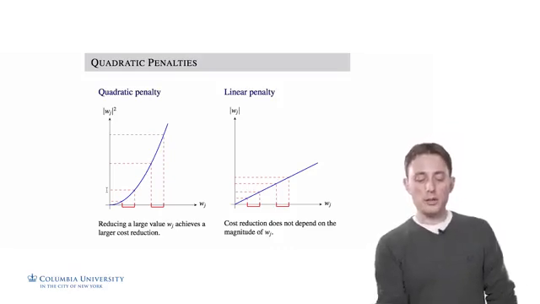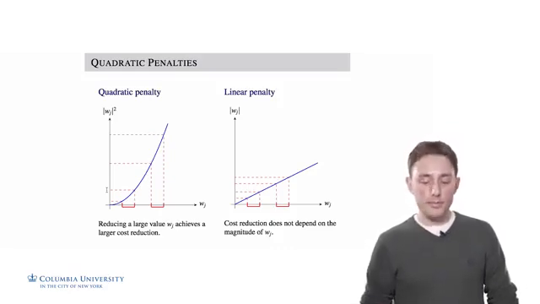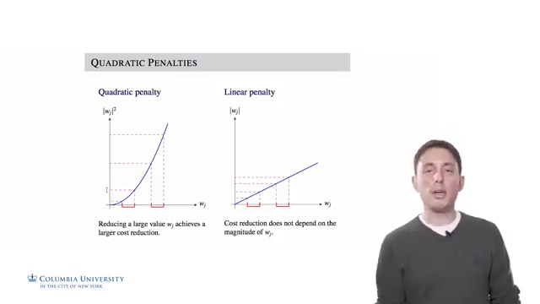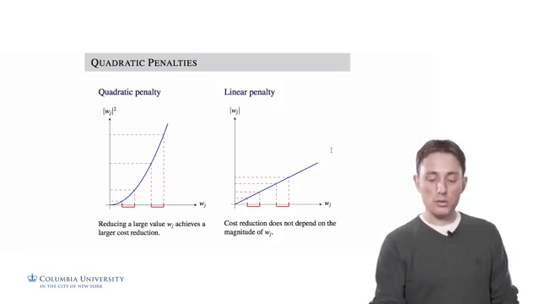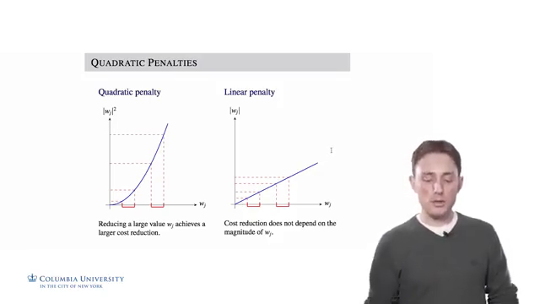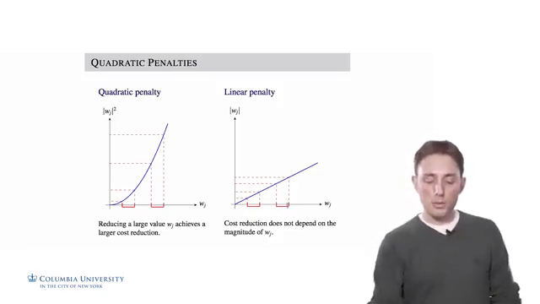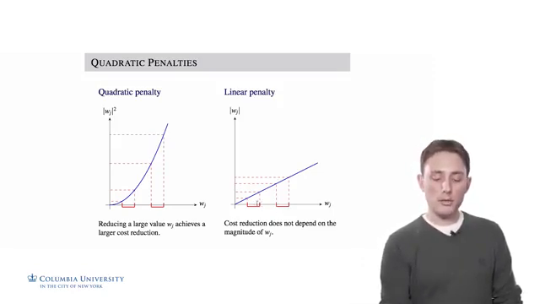So with the linear penalty, which is what the L1 penalty is, we simply don't care where we start. If we have a penalty that looks like this, according to the L1 minimization problem, if we start at a certain value and subtract off a certain amount, it doesn't matter whether we start from a smaller value or from a higher value.